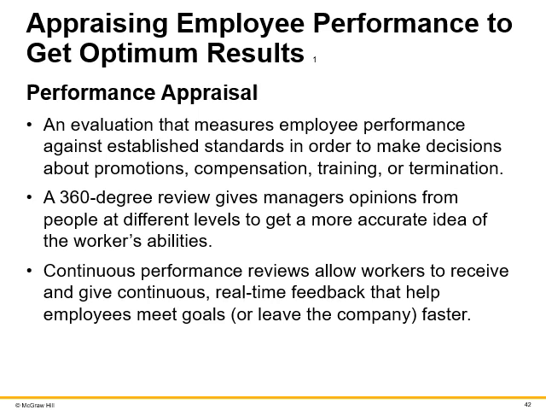This is done by the performance appraisal, which is an evaluation that measures employee performance against established standards in order to make decisions about promotions, compensation, training, and termination. Performance appraisals have 6 steps: establishing performance standards, communicating those standards, evaluating performance, discussing results with employees, taking corrective action, and using the results to make a decision.